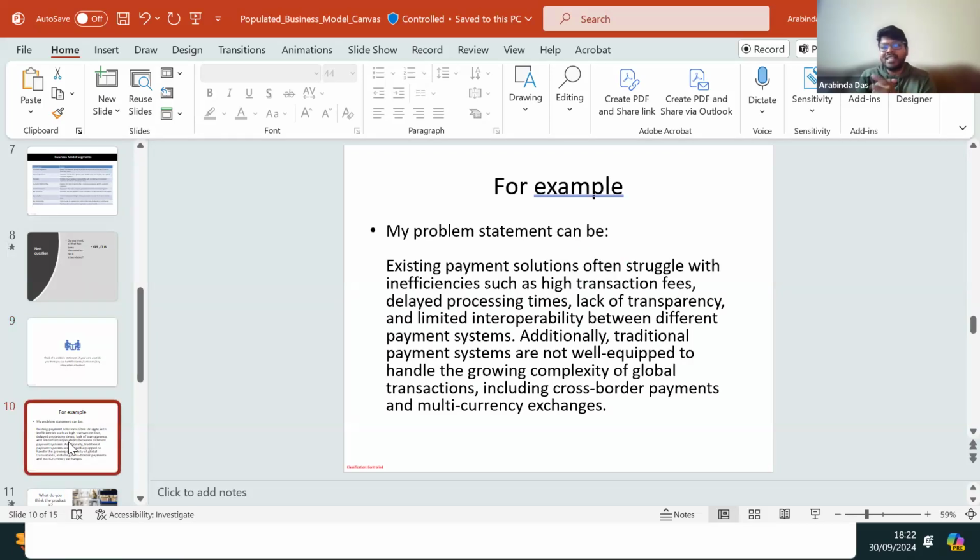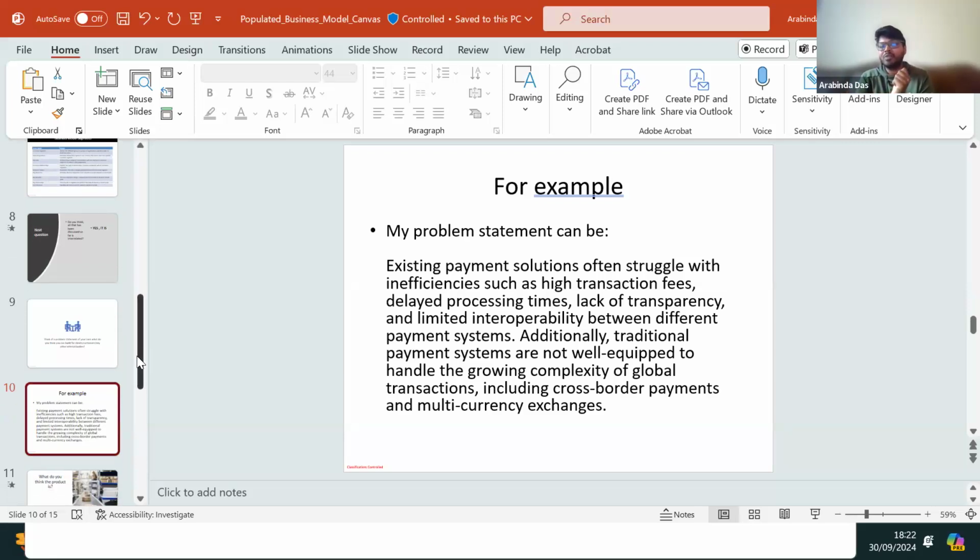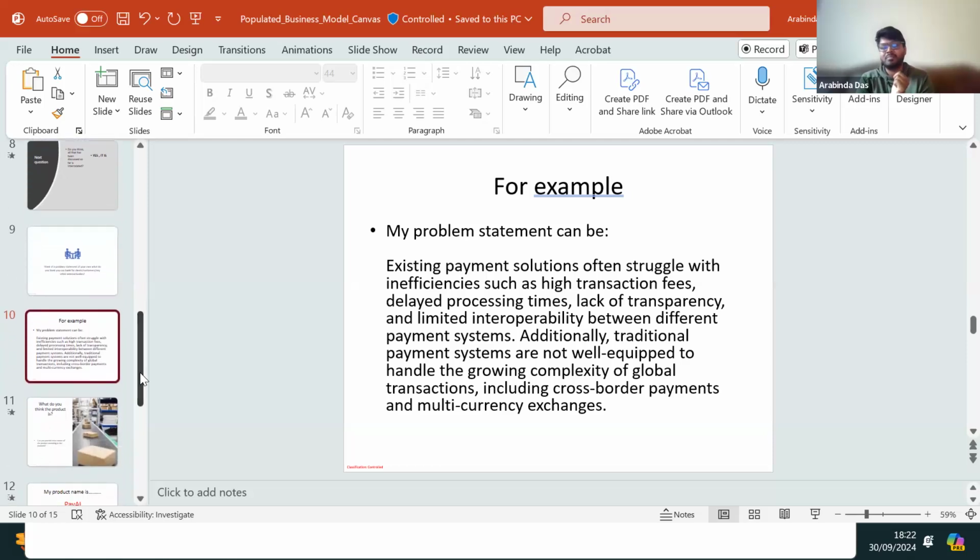For example, I have this problem statement in front of you. I pulled this from my previous work with a financial client. It is the inefficiency of high transaction fees and delayed processing time.